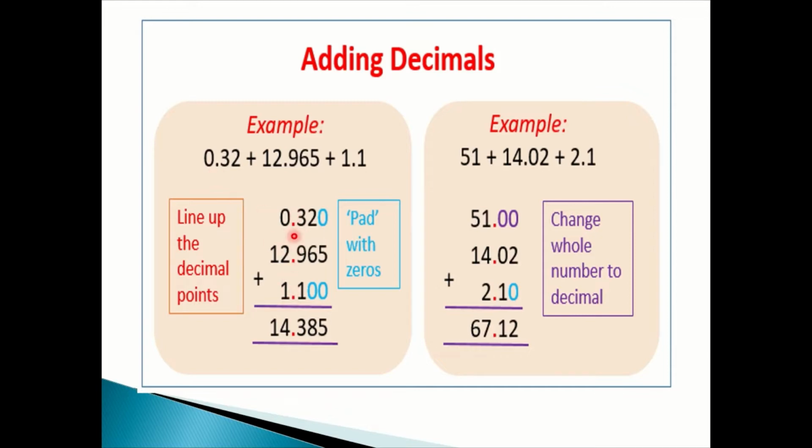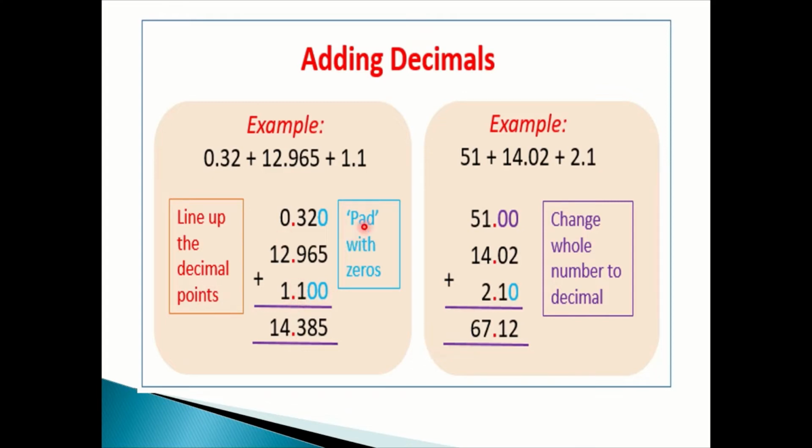As you can see, 0.32 is just equal to 0.320. And then on our second example, we have 12.965, and then we align the decimal point together, and the third one, which is 1.1.